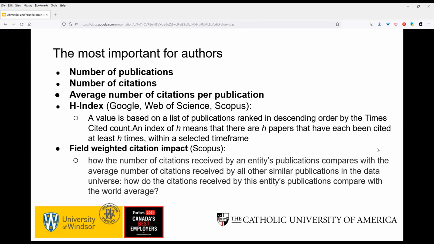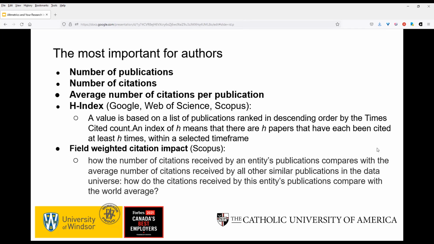Elsevier has come up with an interesting metric that has a lot of value called the field weighted citation impact. And that's available in both Scopus and SciVal. The field weighted citation impact calculates the number of citations received by an author's publications compared with the average number of citations received in a particular disciplinary set of publications. So thinking about, say, economics, right?